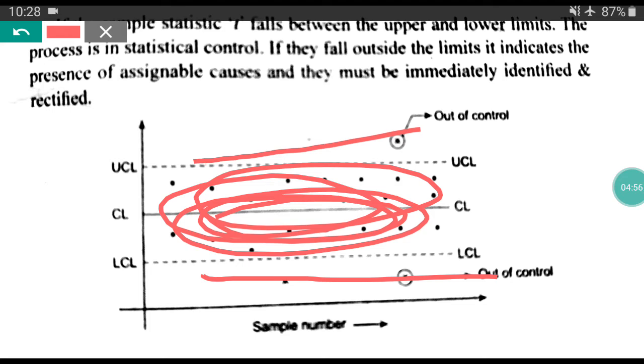That's why you can't spend more, you can't spend less. If you spend more, that is out of control. If you spend less, maybe you are sacrificing the quality or quantity of the respective product. That's why you should concentrate on the production process.